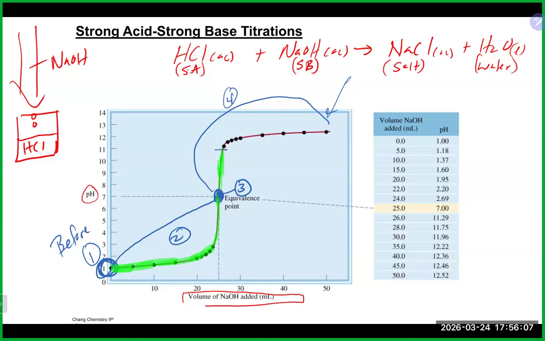But if I'm approaching my equivalence point in this pretty vertical area, does the volume change a lot in that area? It does not, right? You can pretty much pick any point you like on this line, and they're all about the same volume, right? But what does change a lot is the pH changes a lot. So the pH changes a lot in that vertical area without a lot of volume added, like one drop.